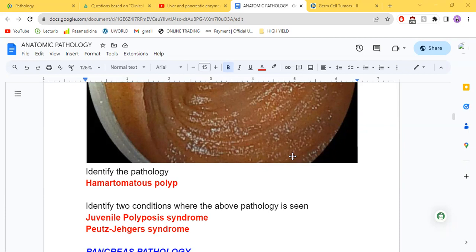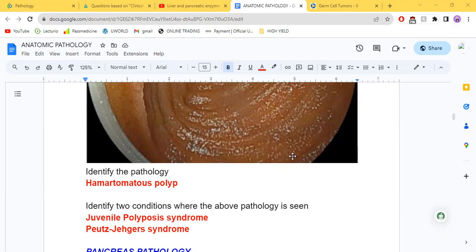Peutz-Jeghers syndrome is about the GIT. So anywhere through the GIT, including mouth, lips, hands, genitalia, you probably get some hamartomatous polyps. Here, in Peutz-Jeghers, it's associated with a higher risk of breast cancers and GIT cancers, such as colorectal cancer, stomach cancer, and bowel cancers.